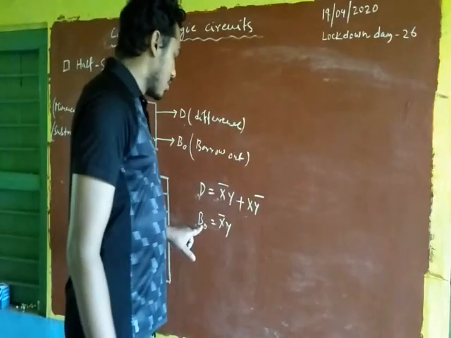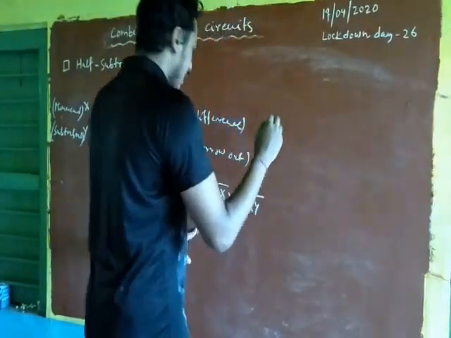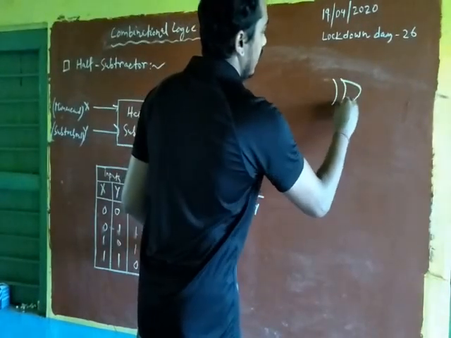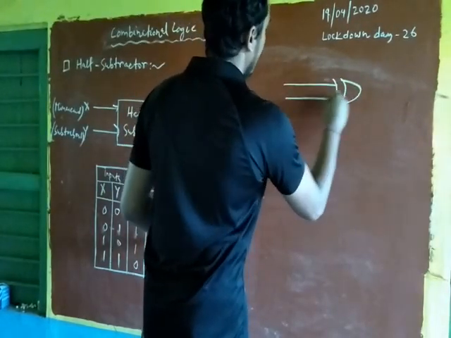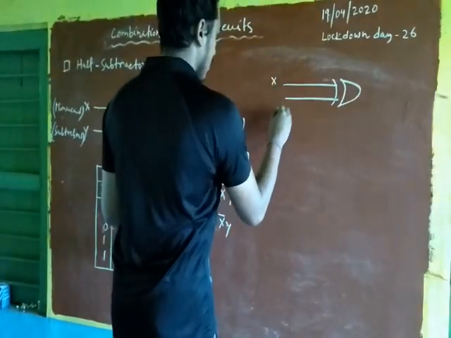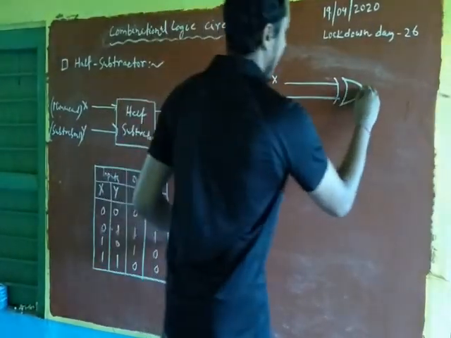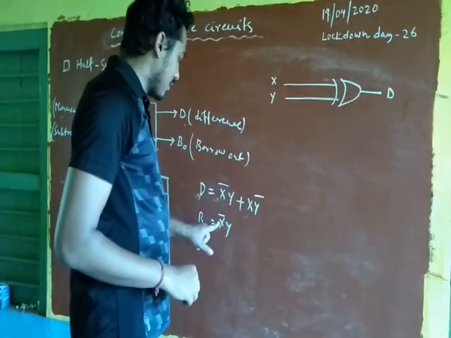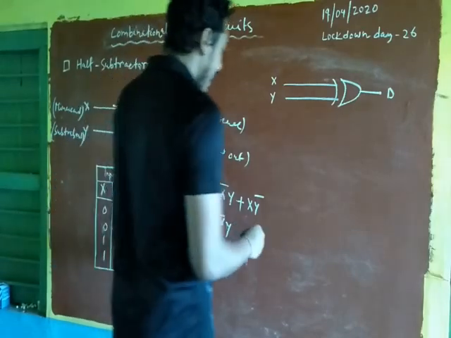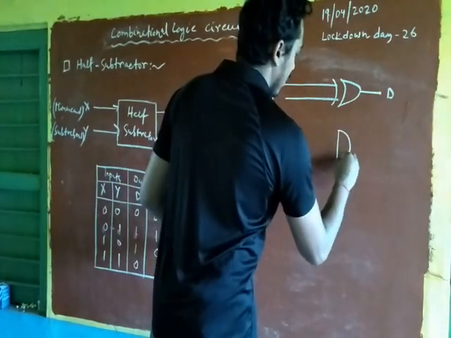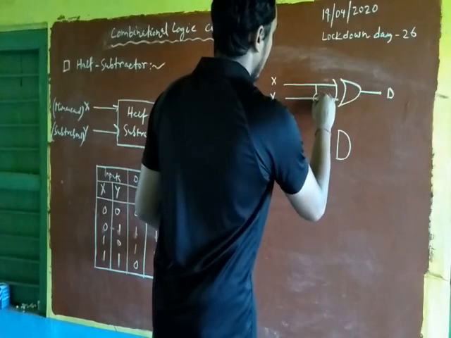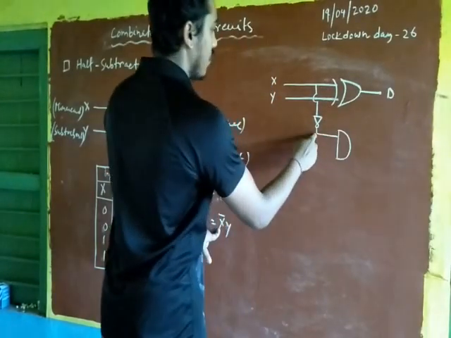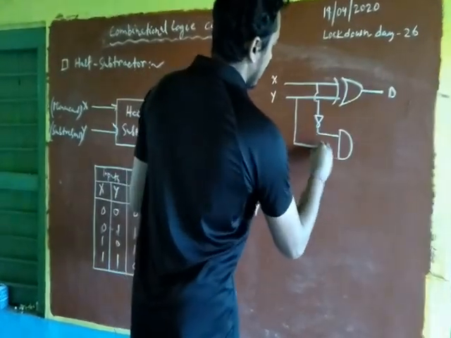Now if we draw the circuit using logic gates, this is the XOR gate. The two inputs are x and y, and the output is the difference D. For borrow out, x bar y, one NOT gate is used here, giving x bar, and this is y.